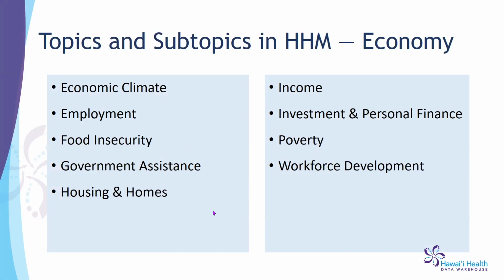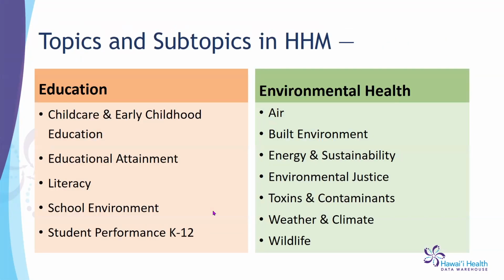And then last but not least, we have the topics of education with these subtopics and environmental health. So it gives you that view of those 5 large topic areas that we have.